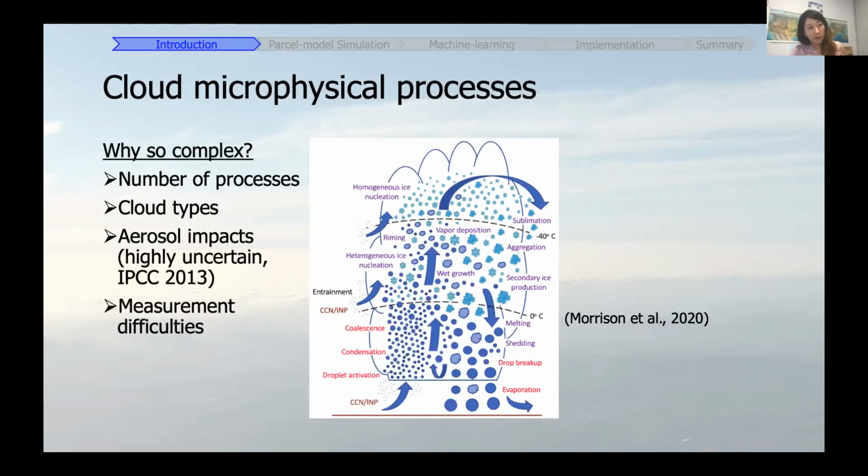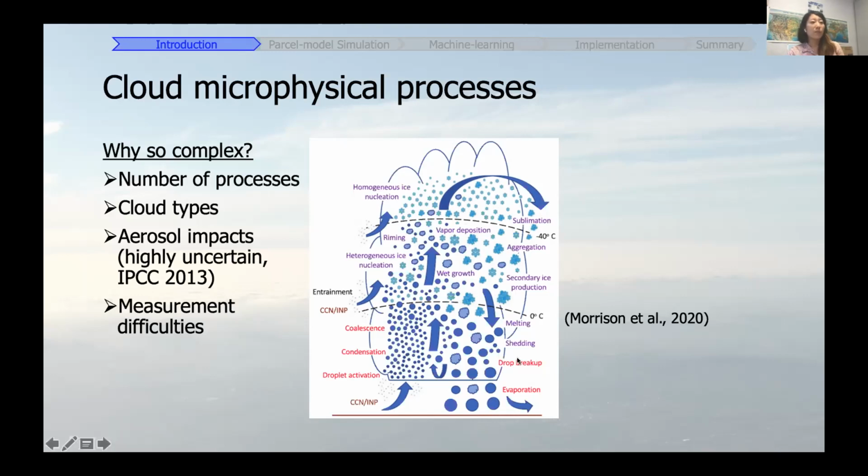Aerosols can impact clouds because once air gets saturated, the supersaturated water vapor needs some surfaces to condense onto, and those surfaces are aerosol particles in the atmosphere. But depending on the aerosol types, chemical compositions, and sizes, the water vapor condensation can be a little different, and that can impact the entire cloud properties afterwards.